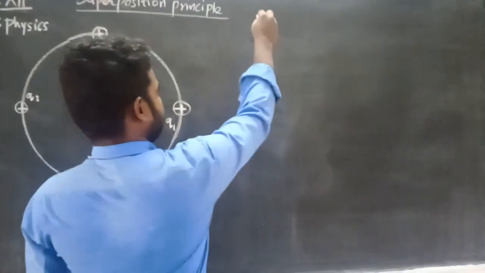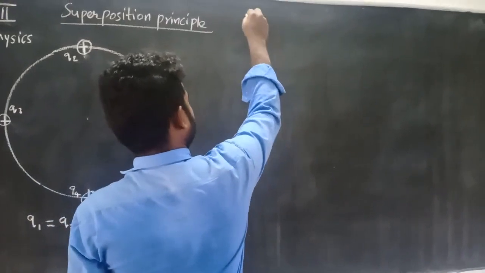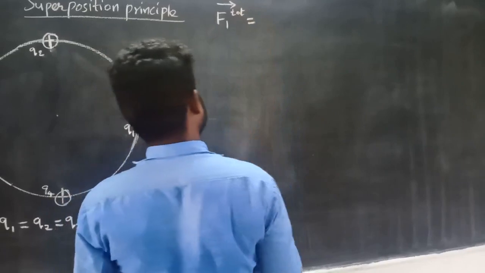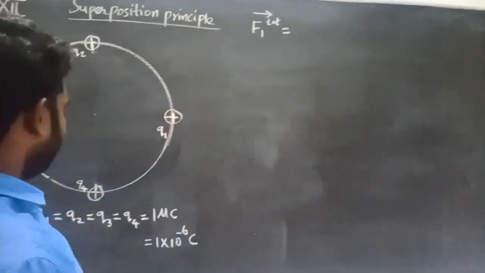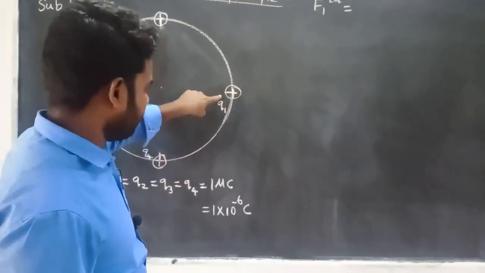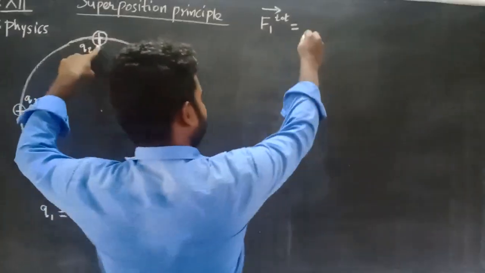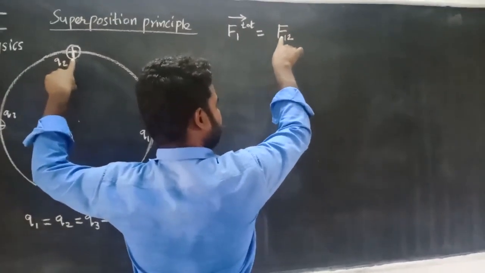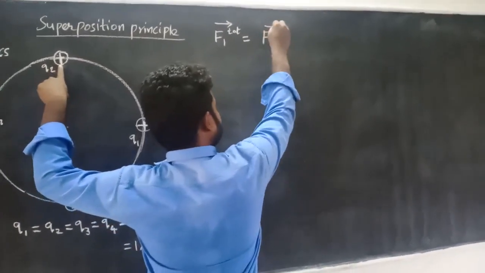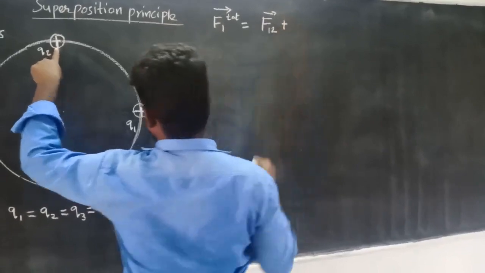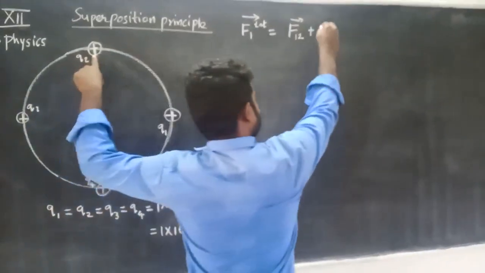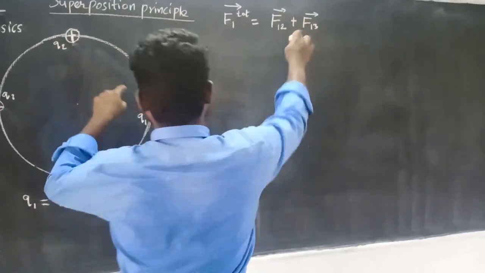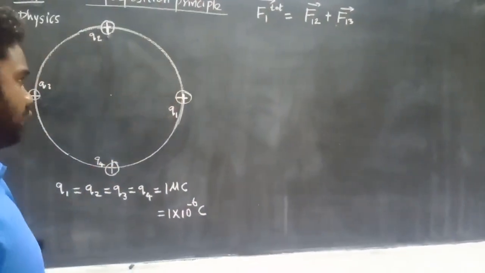So we can write the total force acting on the first charge: F1 vector total is equal to F12, which means the force on the first charge due to the second charge, plus F13 vector, which means force on the first charge due to the third charge.